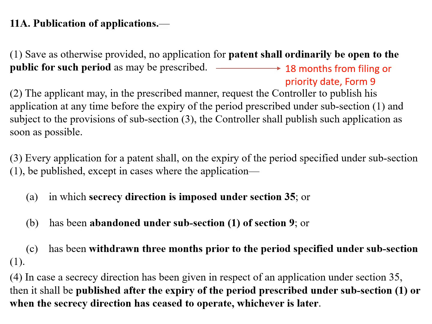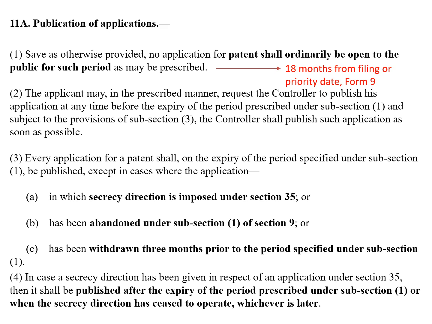And then we come on to subsection 3. This is very important. There are 3 subsections under which your application may be considered withdrawn or abandoned, and in these cases it will not be published. These clauses are where secrecy direction is imposed under section 35.